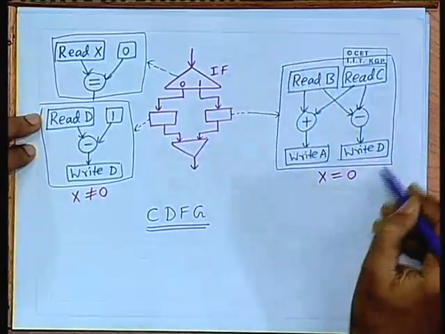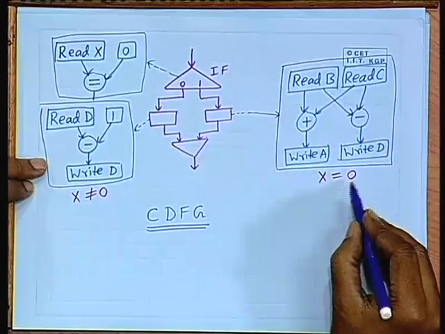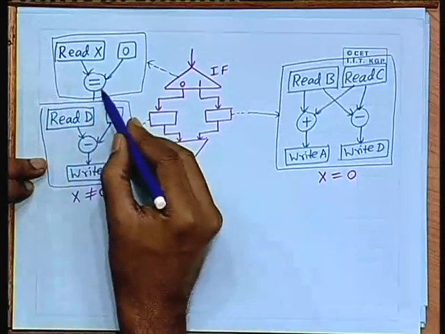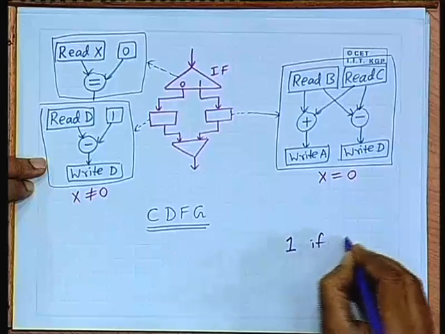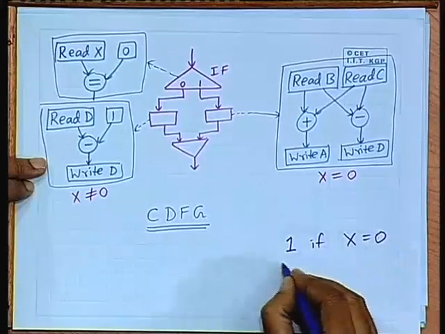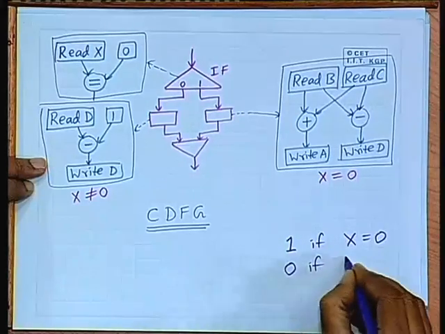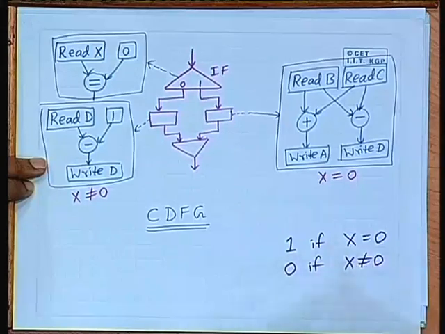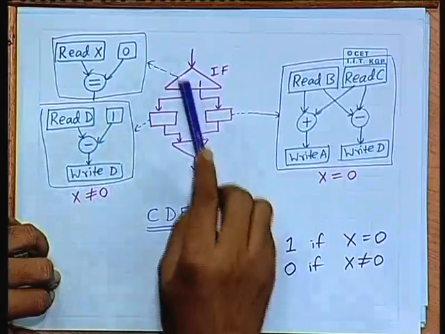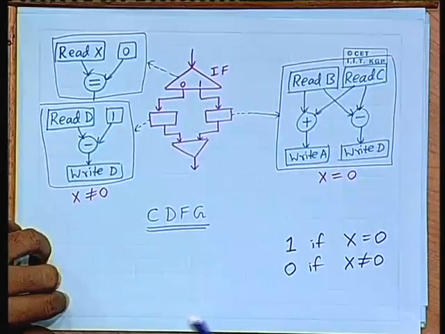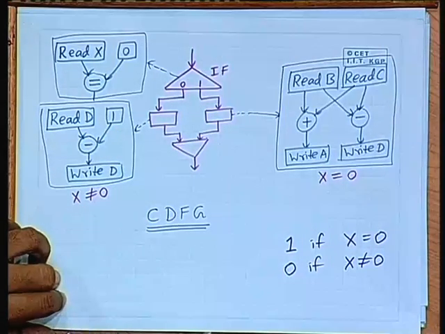This is the block you execute when x equal to 0. This is a comparator. The comparator will be returning true if x is 0. It will be returning false if x is not equal to 0. So, this is how a simple if statement in the behavior description can be handled.